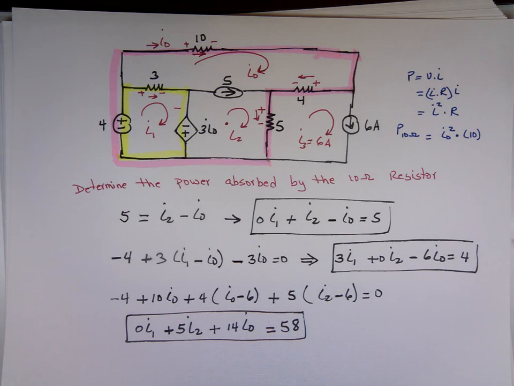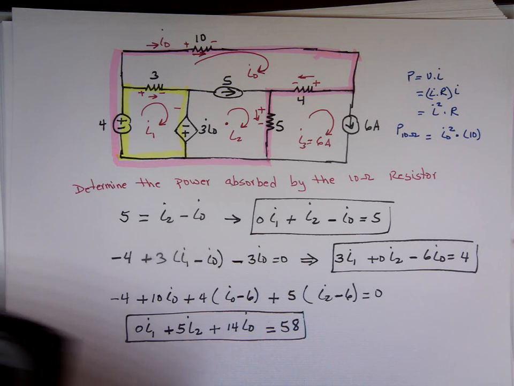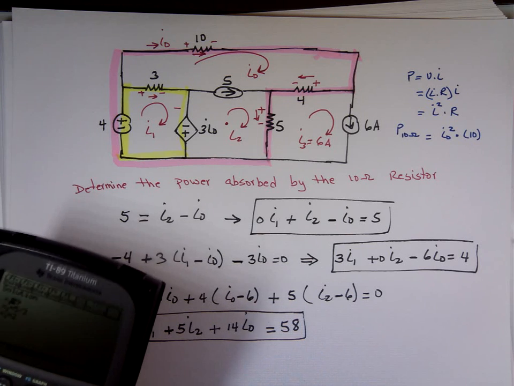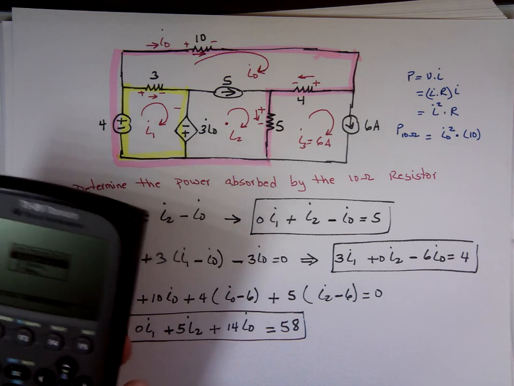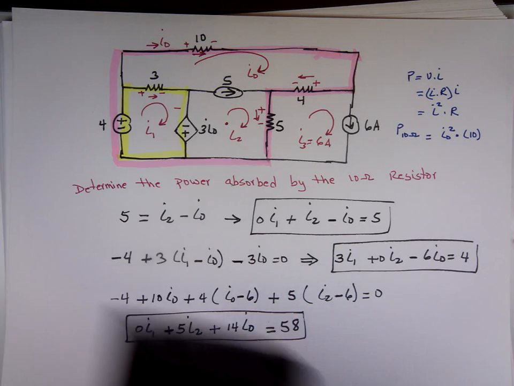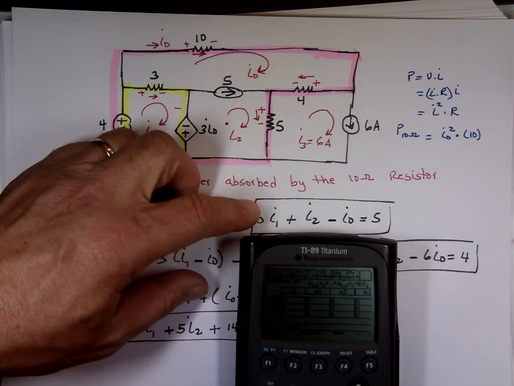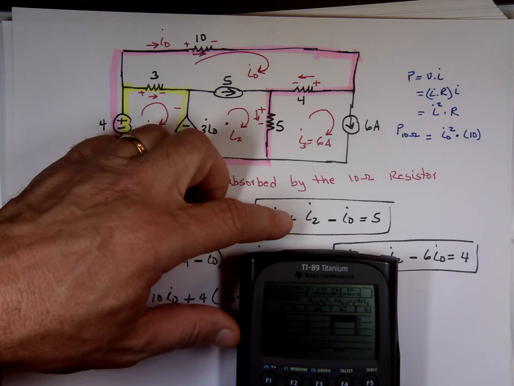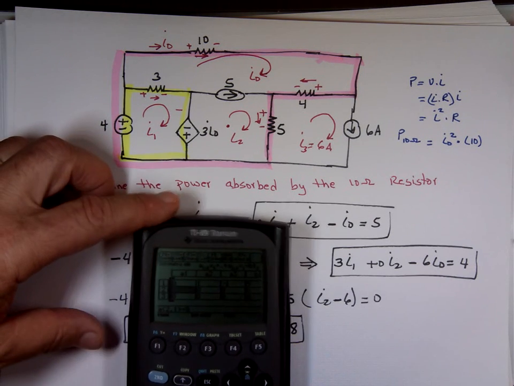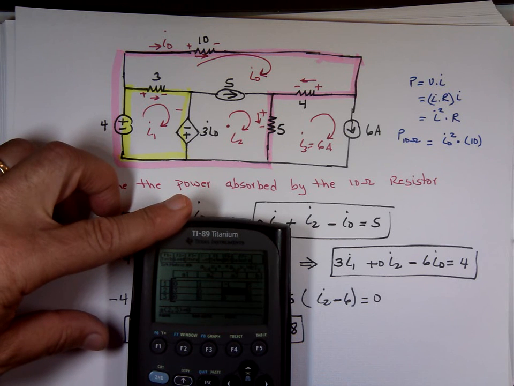I go to my calculator again. There we go, a new one. And let's do 3 by 3. And let me put the values. 0, 1, negative 1, 5. Next one. 3, 0, negative 6, 4.